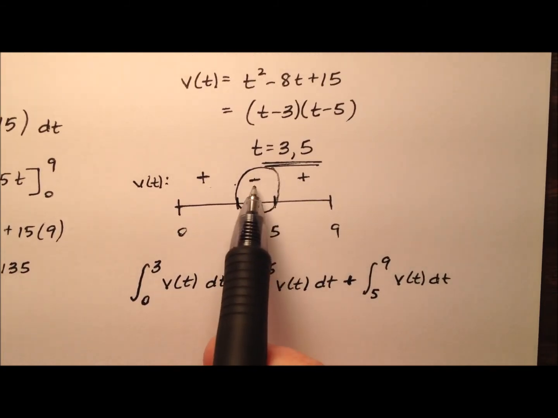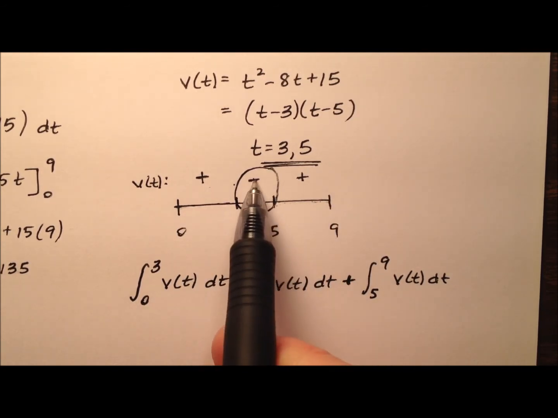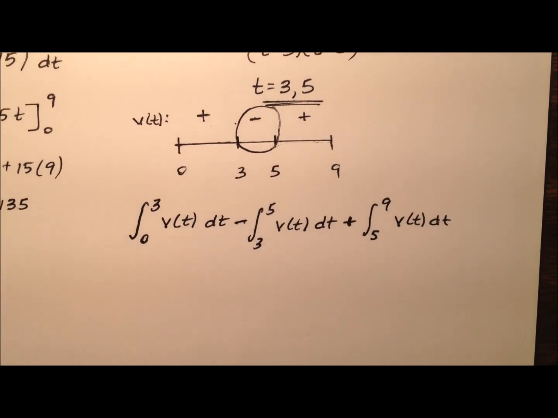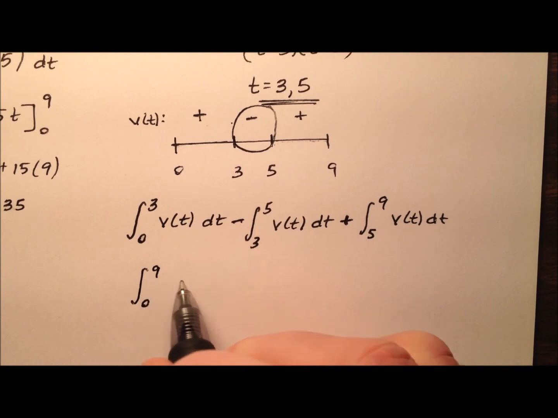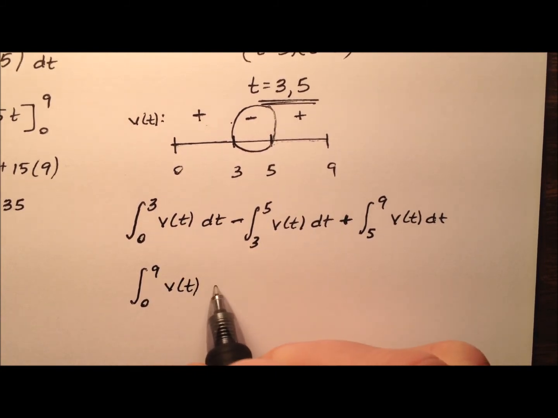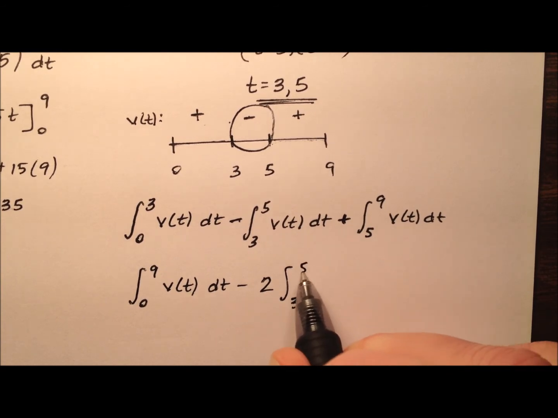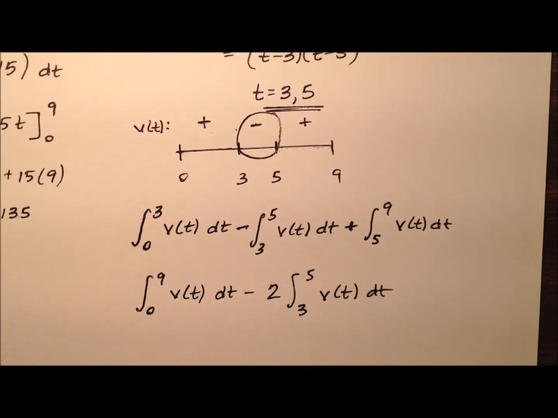So I need to undo that to even out and find the 0 to 3 and 5 to 9, and then I need to do it again in order to add it back to my total distance traveled. So what I can do is say from 0 to 9, and then minus 2 from 3 to 5. Okay, and that will give me my total distance traveled.